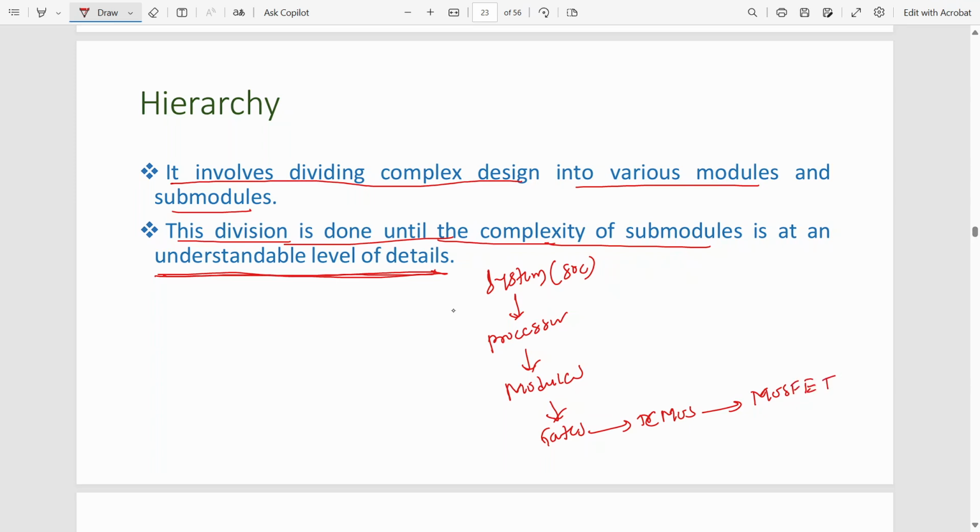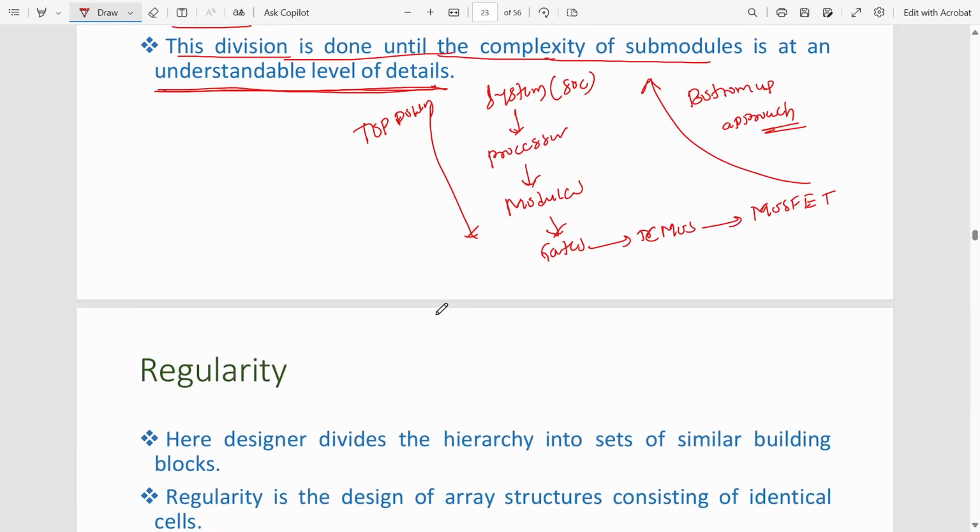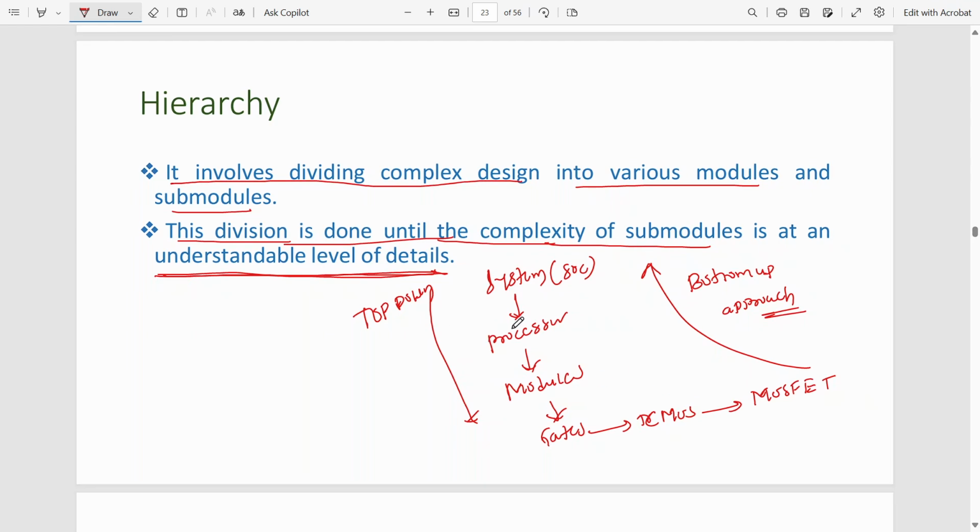This is hierarchy. Going from the top down is the top-down approach, and from the bottom up is the bottom-up approach. So we need to understand how the system is divided into modules, gates, CMOS and MOSFETs.